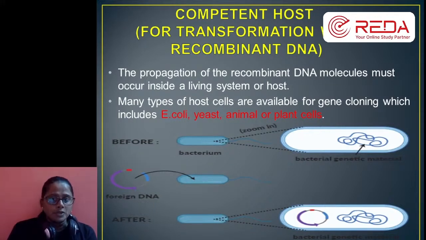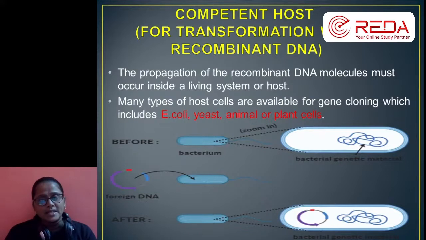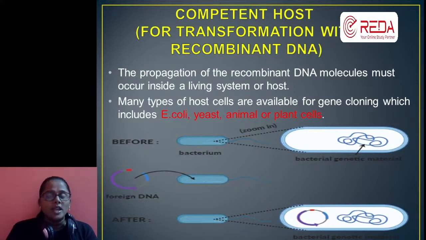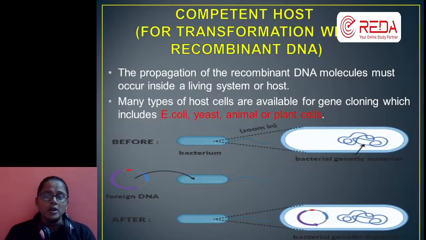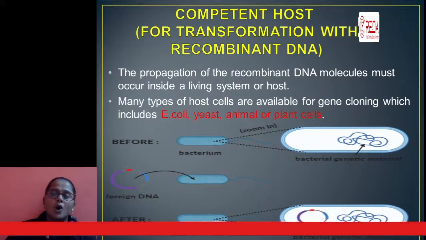The purpose of biotechnology is to replicate the desired gene into many copies, or to express the protein which is coded on that particular desired gene. To make these two different outputs, it is not possible without a living cell. So we need a living system, or a host.